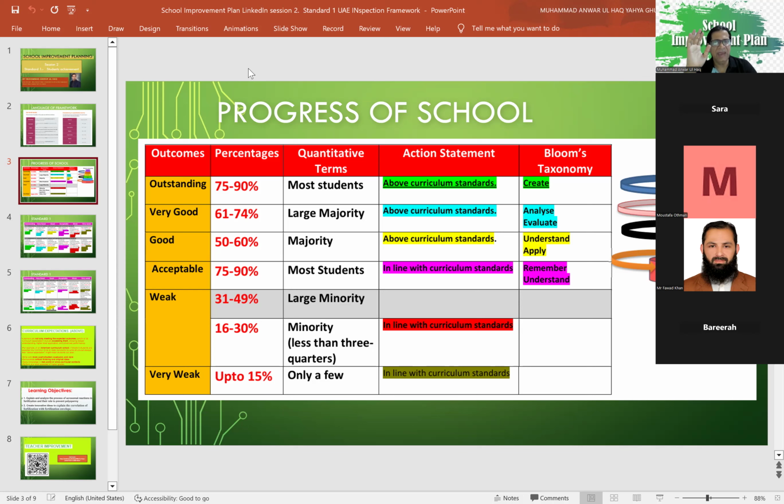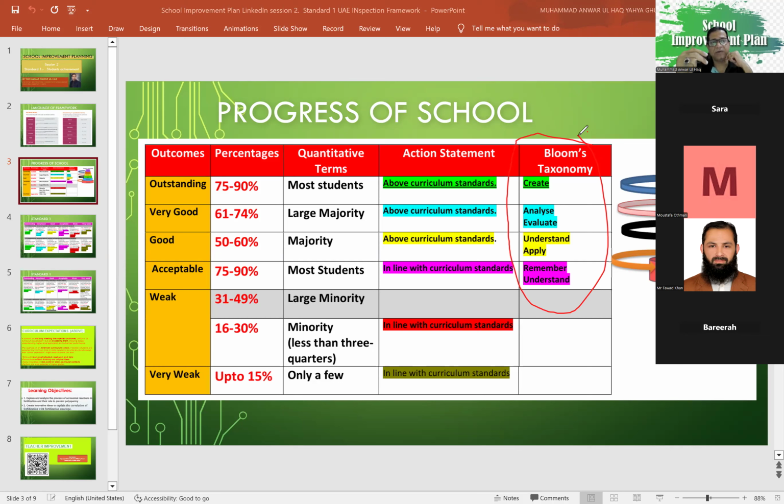One more thing: if you look at this part according to Bloom's taxonomy, it is very interesting. Bloom's taxonomy will come into action for you as a teacher, because today our standard is standard one, focusing on student achievement: attainment, progress, and skills.